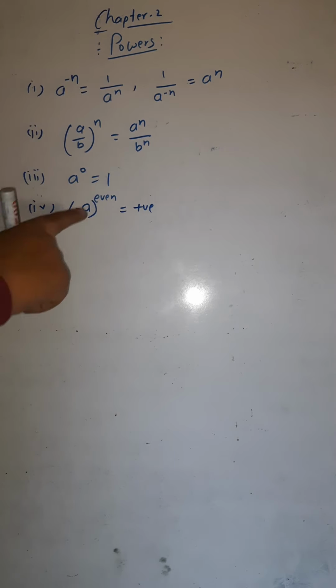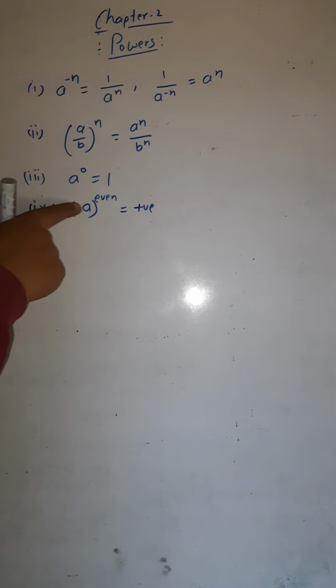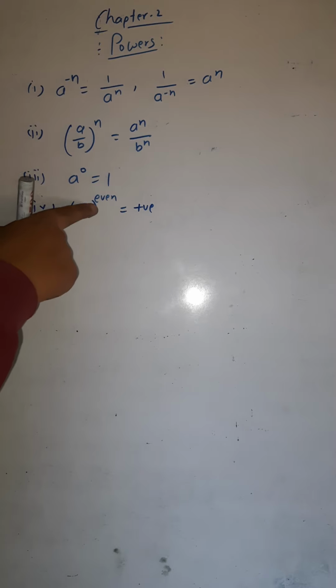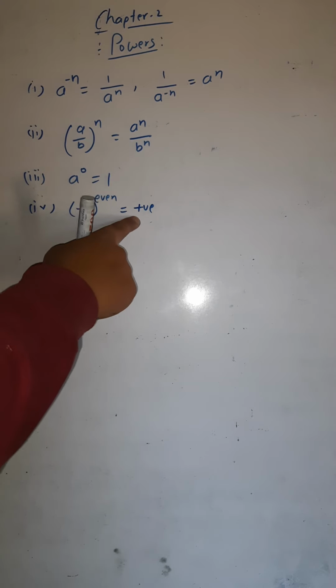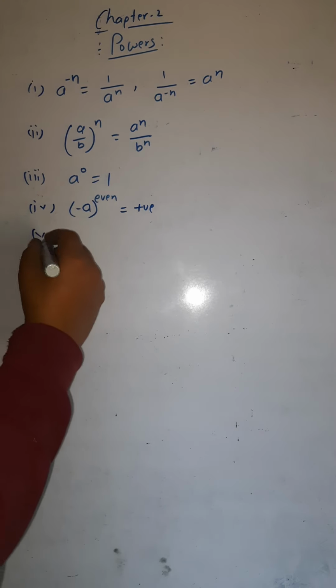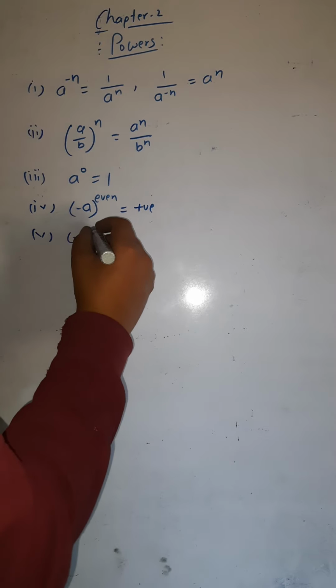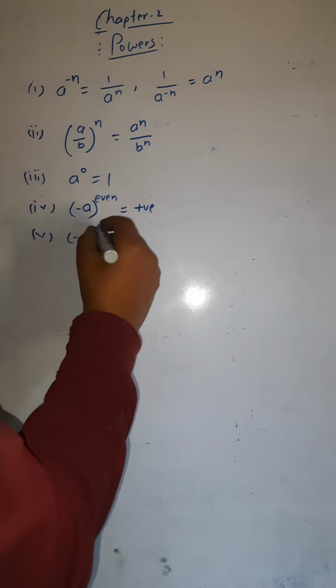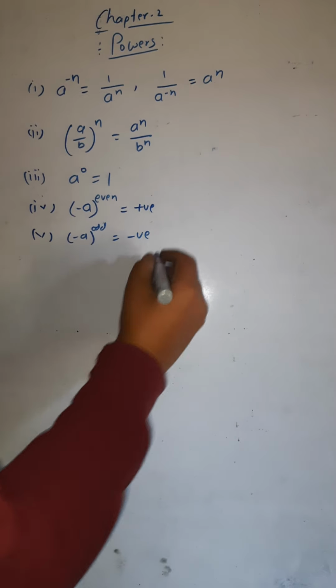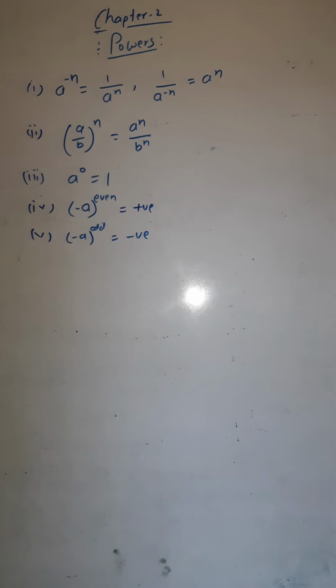So if it is minus a raised to the power, whatever the power, and the power is even, you would write the answer in positive. At the same time, if it is minus a and the power is an odd number, you would write the answer in negative. Are you getting this? Very good.